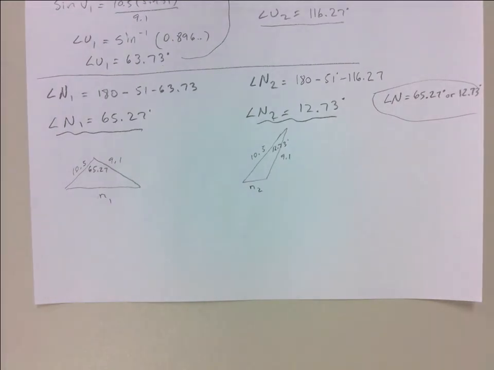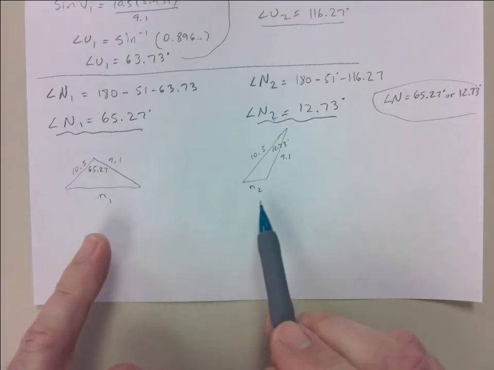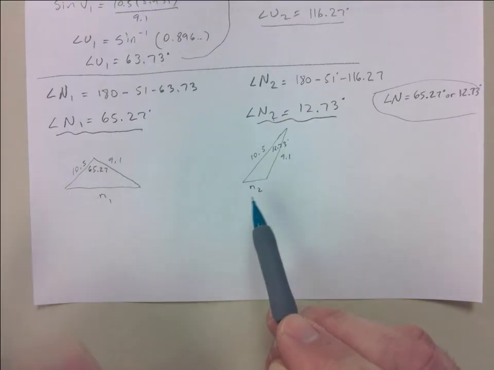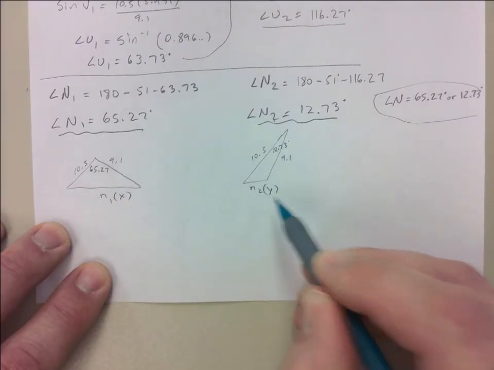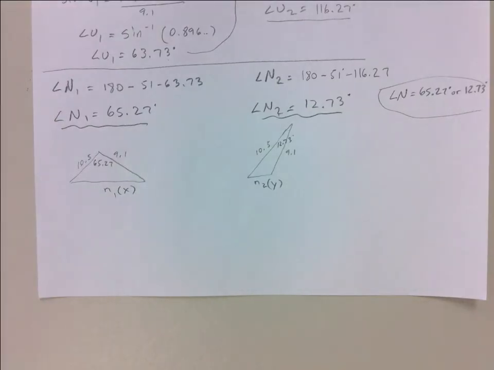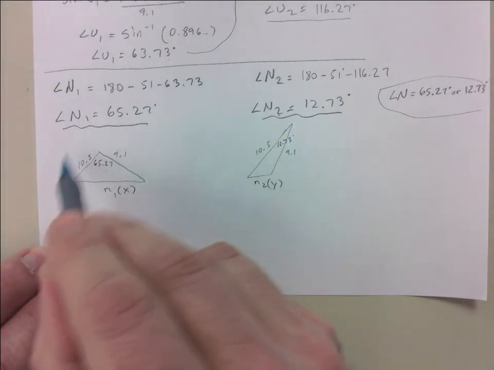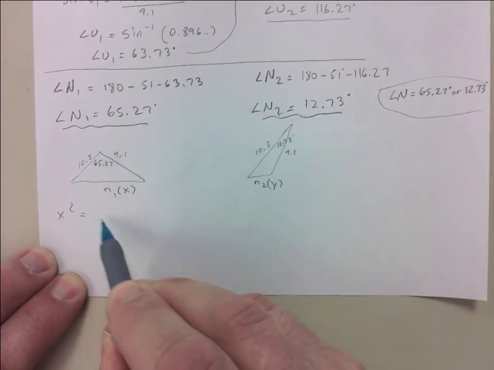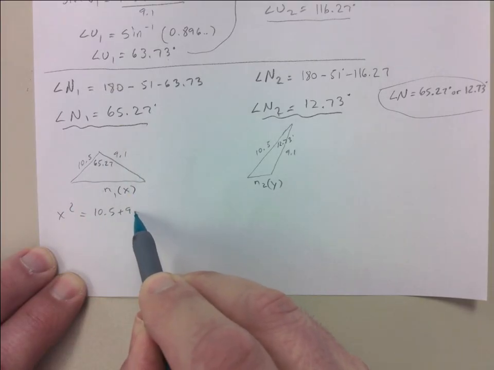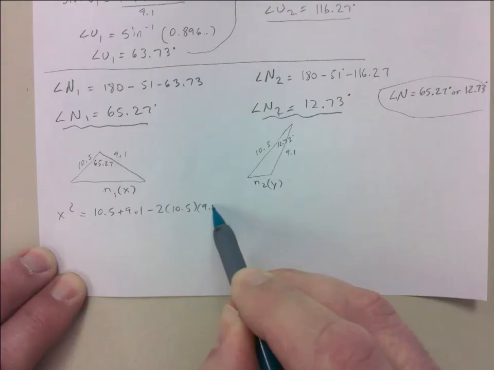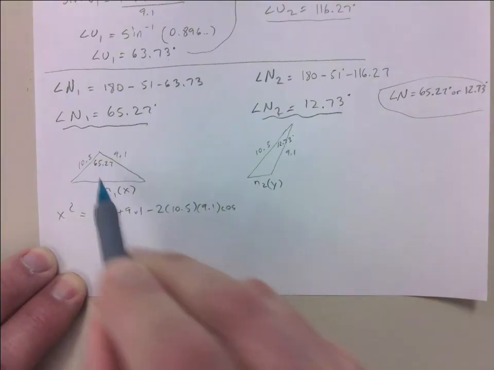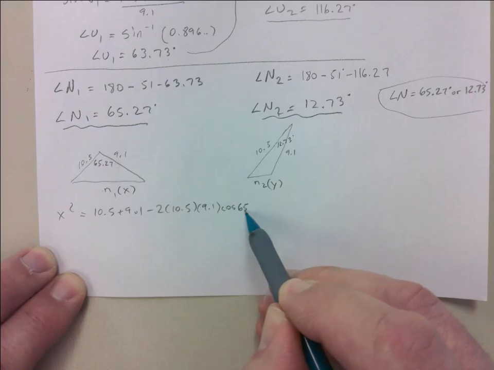If the N1, N2 notation is confusing for you, you can call this X if you want and this Y. I'm okay with that. Just call it something else so that when you work with the cosine law, you don't have the subscripts. So for this one, X squared is 10.5 plus 9.1 minus 2 times 10.5 times 9.1 cosine of 65.27.